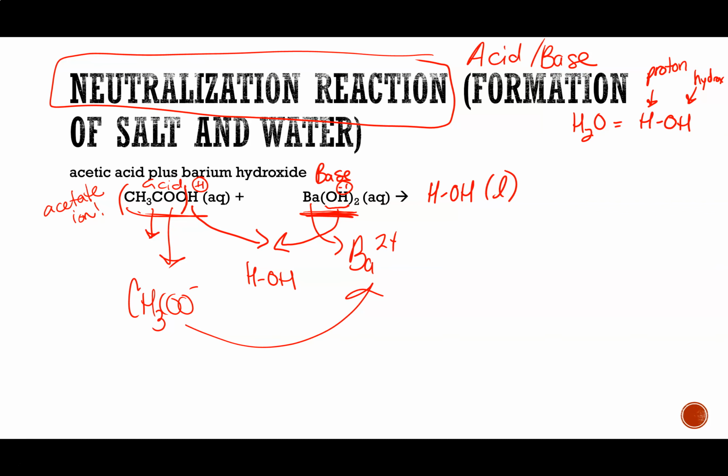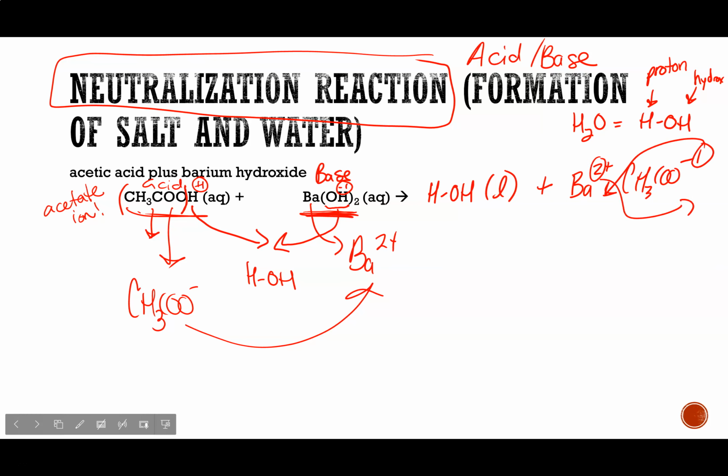I'm forming, one thing is always going to be water, one thing is going to be the salt that includes the leftover ions. So I've got barium 2+, CH3COO- 1, I'm going to do my cross, and I'm going to get barium acetate, which is going to have a 2 after the CH3COO-.